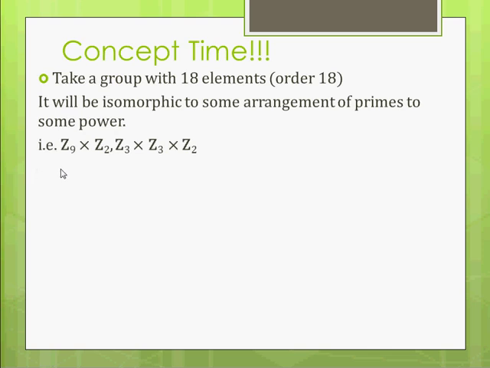So that means that when you factorize 18, that's 3 squared times 2, right? The only way you can write those as primes of some power are 9 times 2 or 3 times 3 times 2. So these are the 2 group structures that we have.